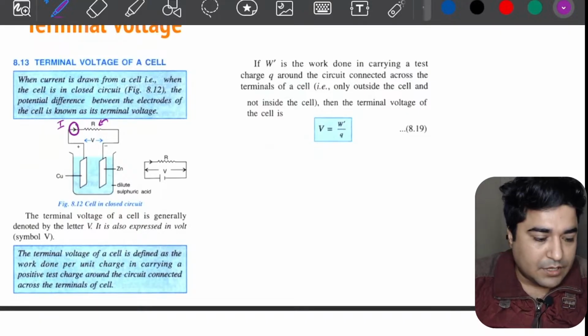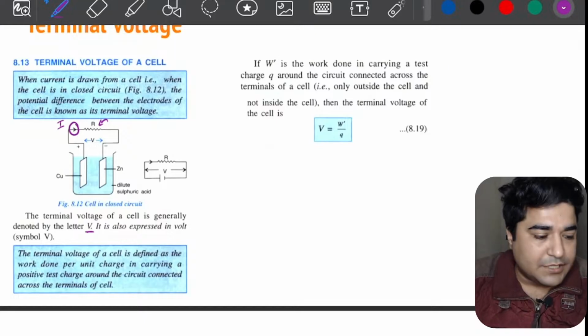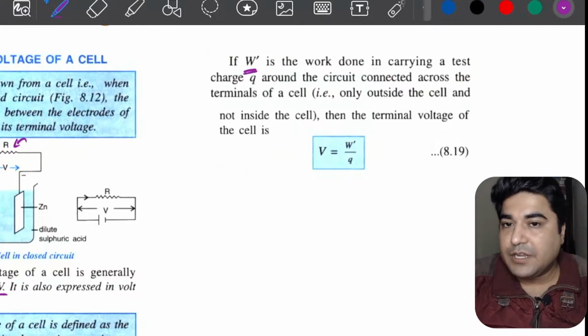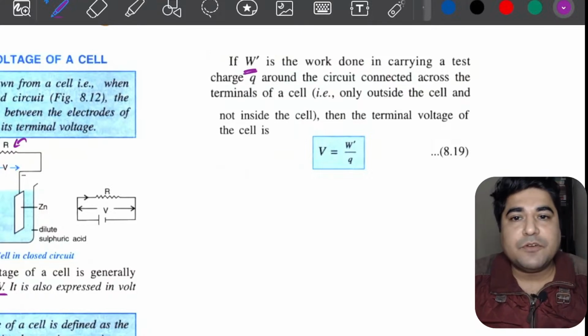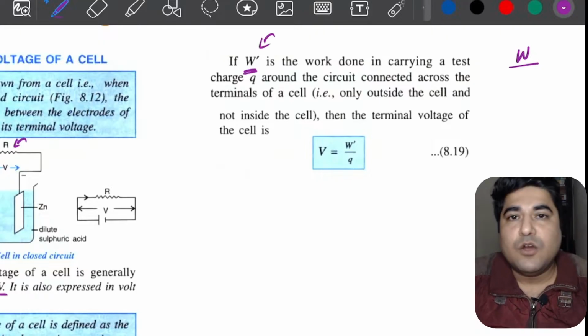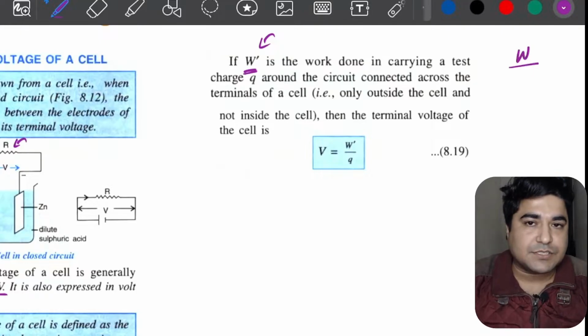The terminal voltage of a cell is generally denoted by V. We already discussed this. For terminal voltage, the work done is taken to be W dash. For EMF we took the work done as W, and here it is W dash. We'll understand the relation between these two in the next few slides.